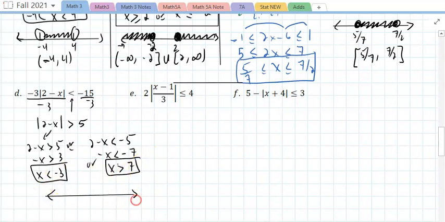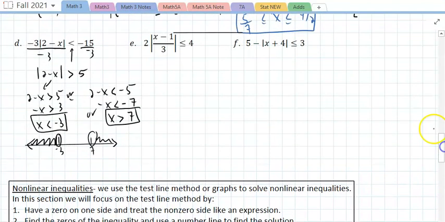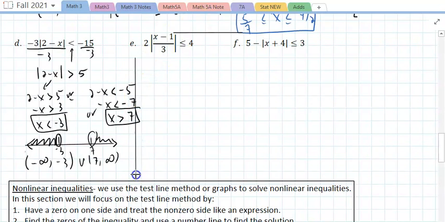And what that means, take -3 less than, take 7 greater than, and if you read this left to right, from the left it's going to hit all the way to -infinity, -3, again always left to right, no exceptions. And that takes care of that problem.